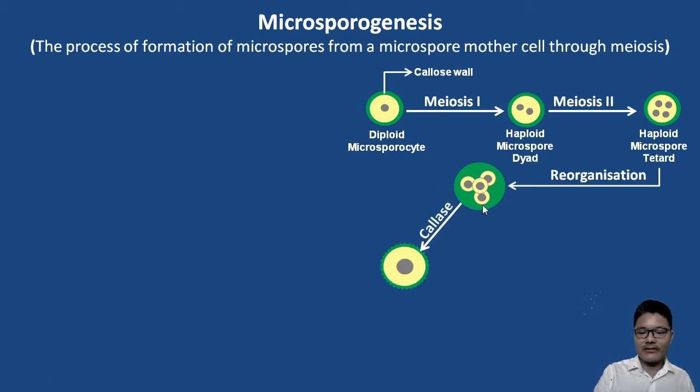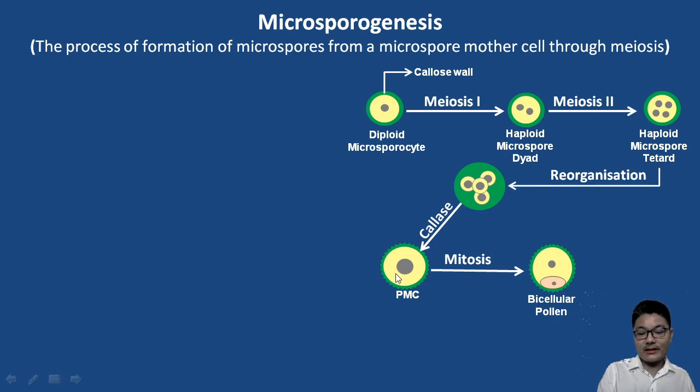Along with that, there is also digestion or breaking down of the callose wall by the callase enzyme. And then there is formation of 4 microspores, which are separate cells. So the microspore mother cell can also be known as the pollen mother cell.